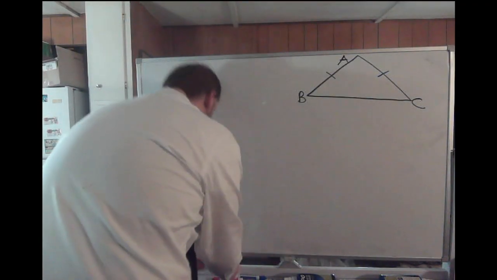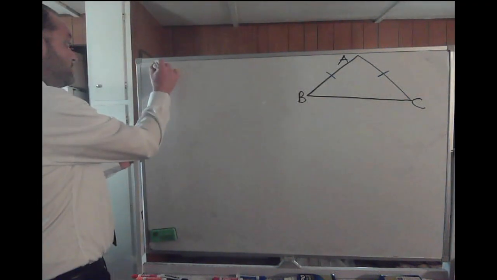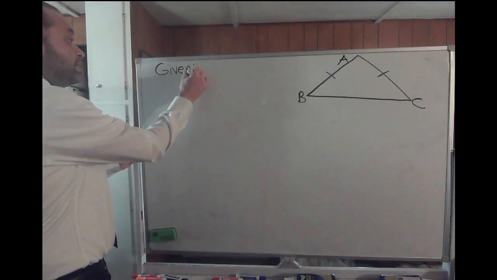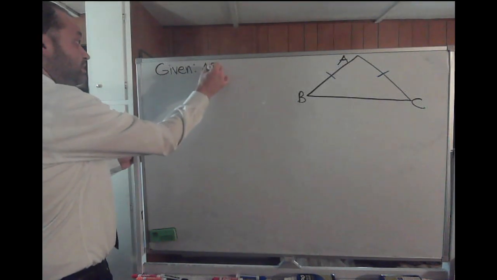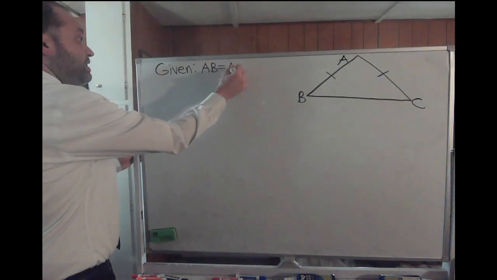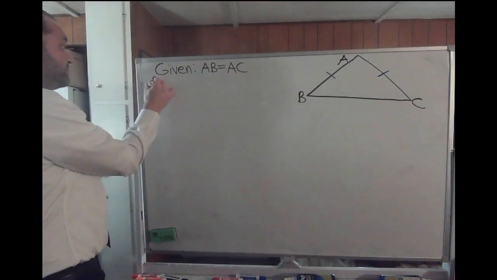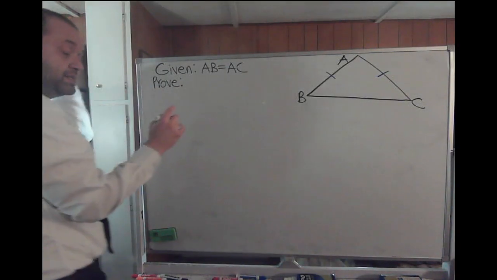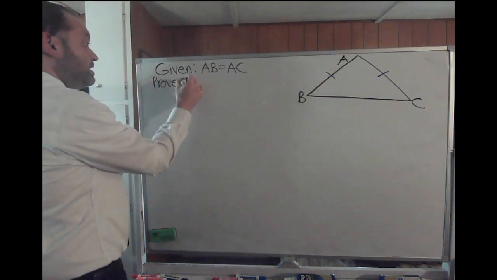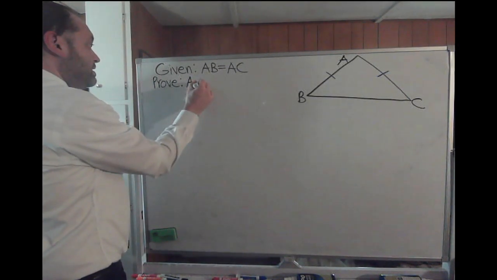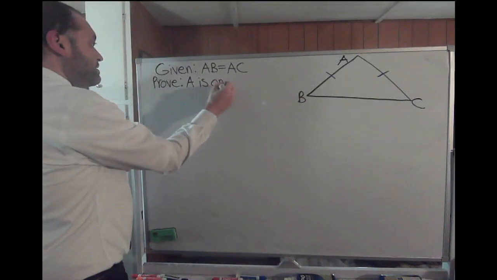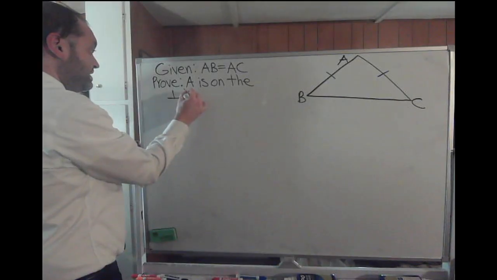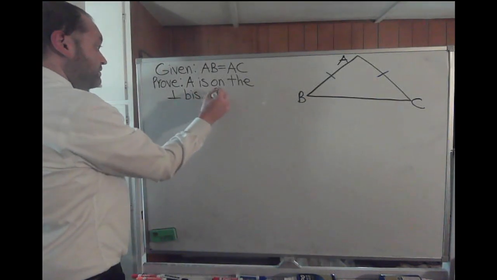So here's what we're given: AB equals AC. What we have to prove is that A is on the perpendicular bisector of BC.